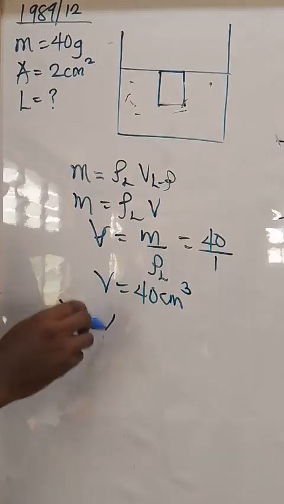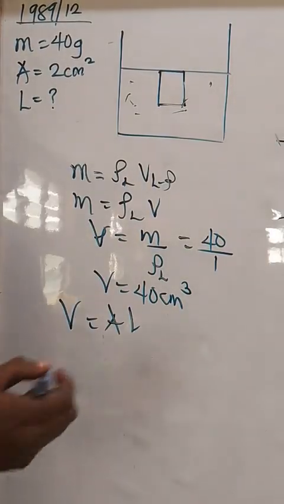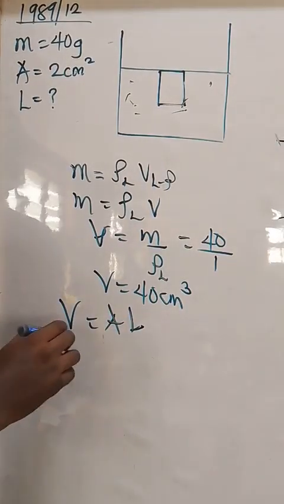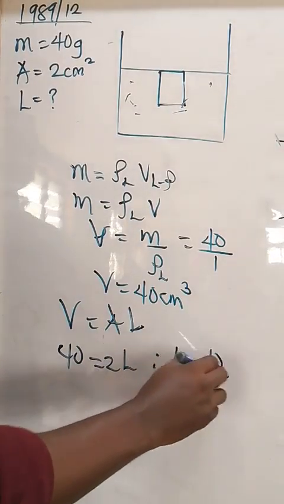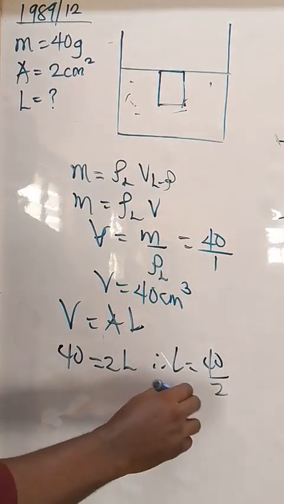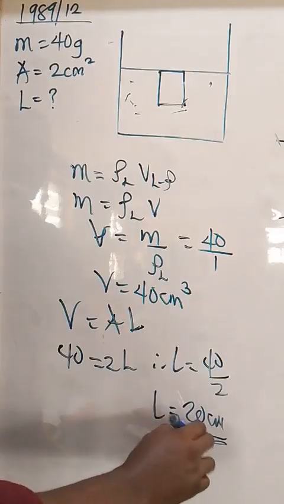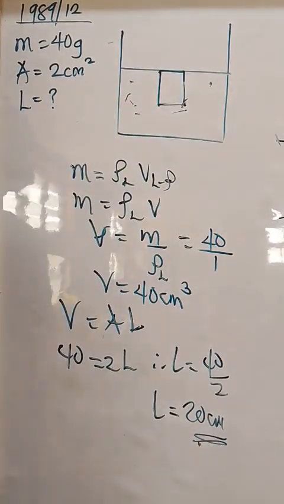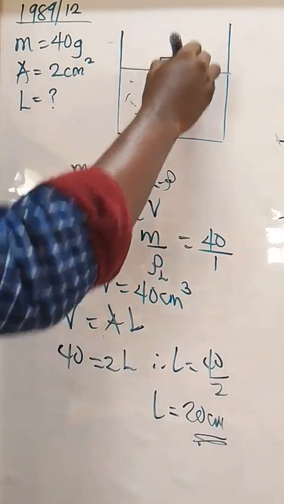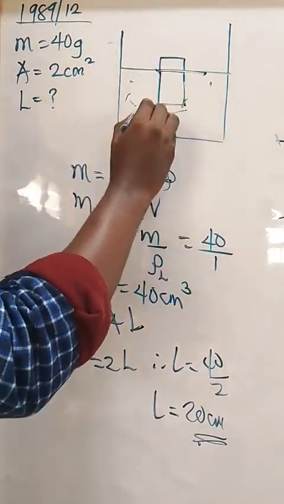We know volume equals area times length, height, or thickness. So volume is 40, area is 2, L. Therefore, L equals 40 over 2. So the length equals... We assume that the length inside the water is what? Even if there's still some part outside, what we got is this length inside.